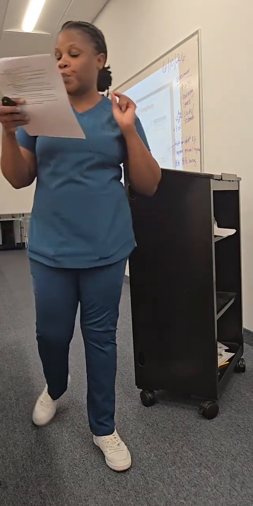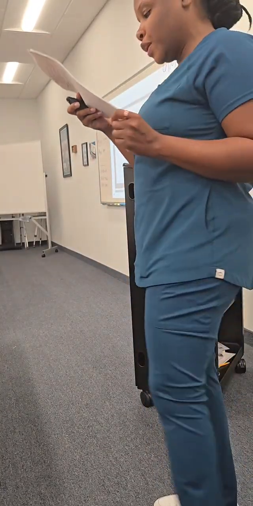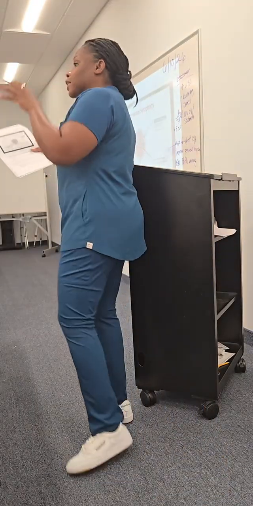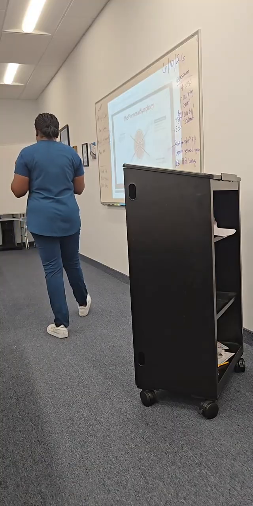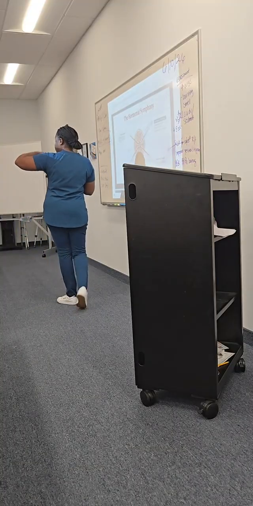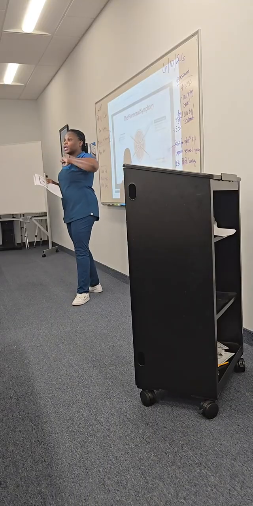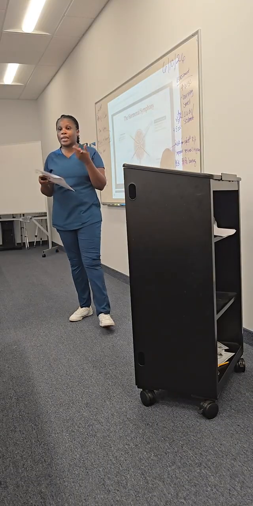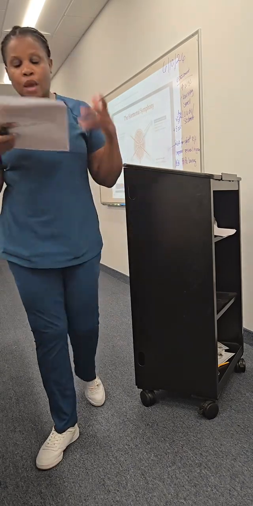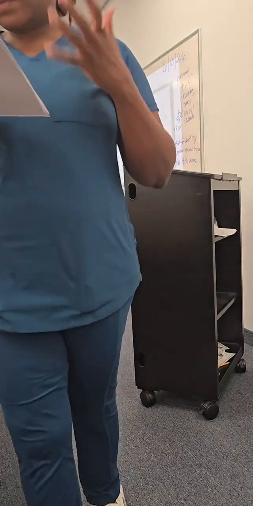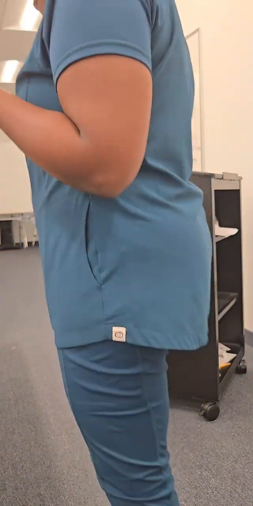Thyroid hormones are very important for fetal brain development, especially early in the pregnancy, all right? Now, low thyroid levels or low iodine levels can affect the baby's brain development. This is why one of the labs they collect is the thyroid levels, just to see the potential effects it can have on the baby.